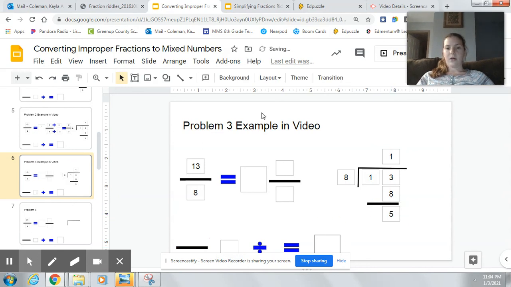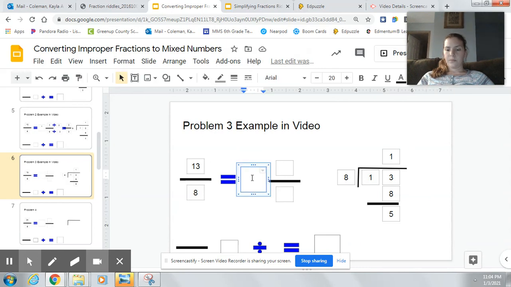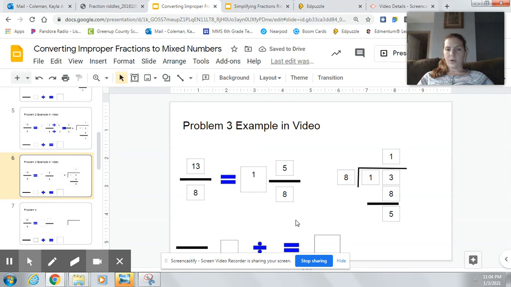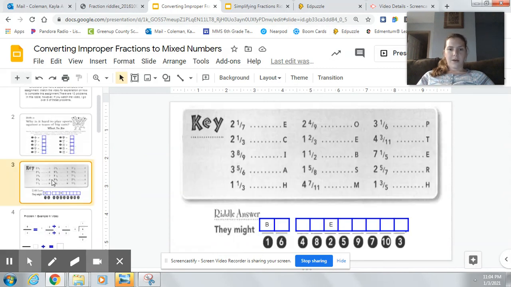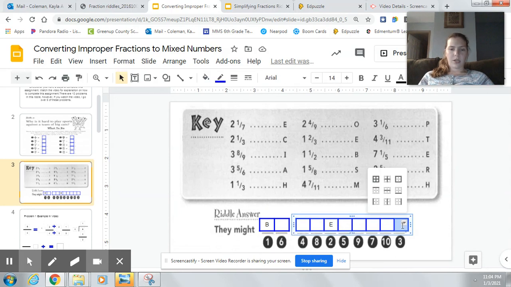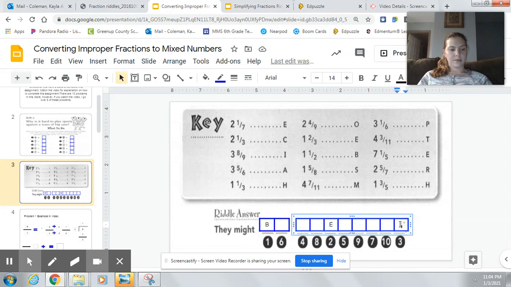And then we have to fill out our mixed number. 1 is our whole number. 5 is our numerator. And 8 is our denominator. 1 and 5/8. There's nothing you can divide 5 and 8 by other than 1. So 1 and 5/8 is S, and 3 is S.